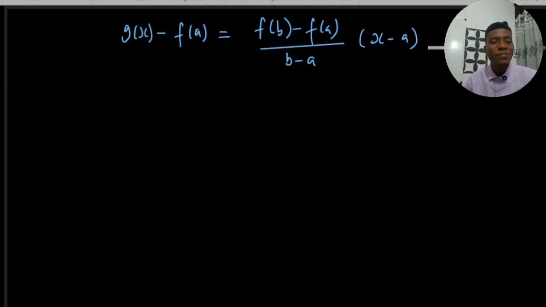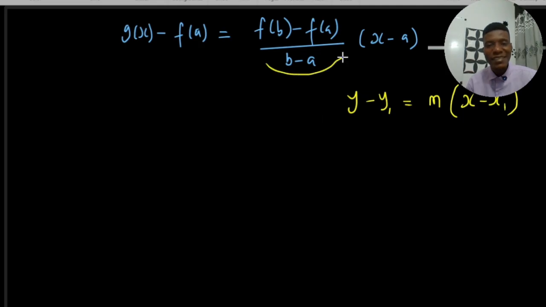This formula is the representation of y minus y1 equals m into x minus x1. Yes, since this is the gradient of the second line, and these are the other 2 points.